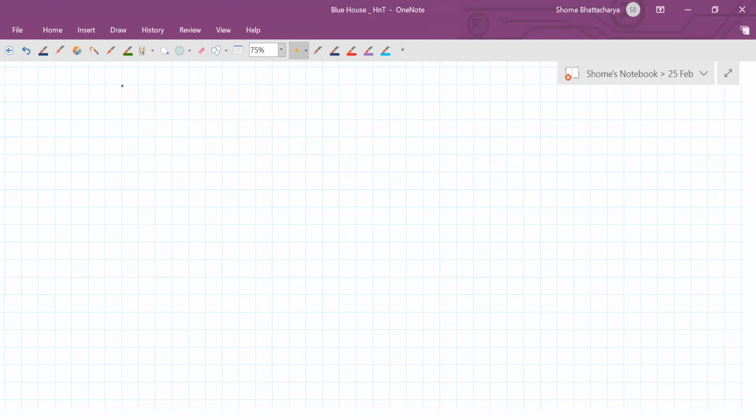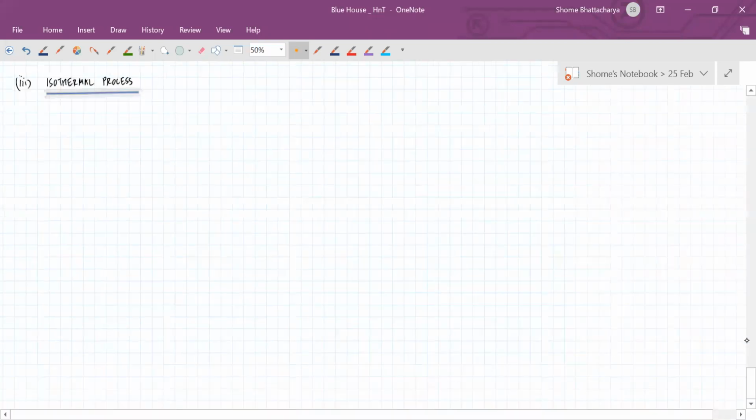Now next, let's move on to the third type of standard process, which is isothermal. So this is defined. So you want to note down? Okay, finish that.